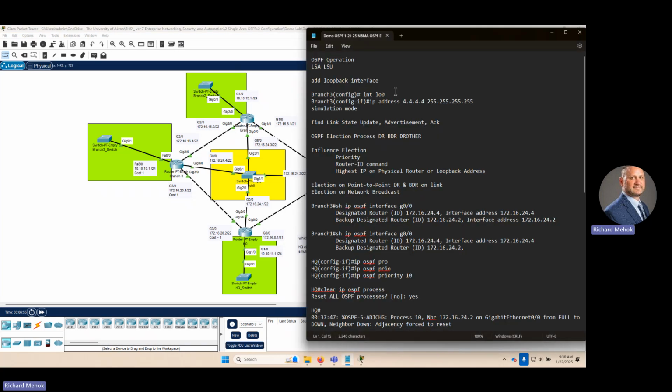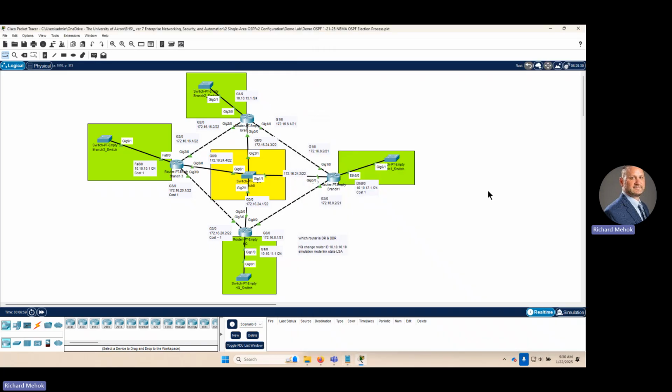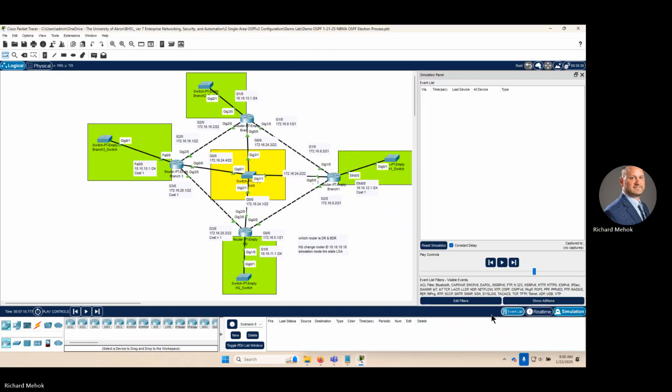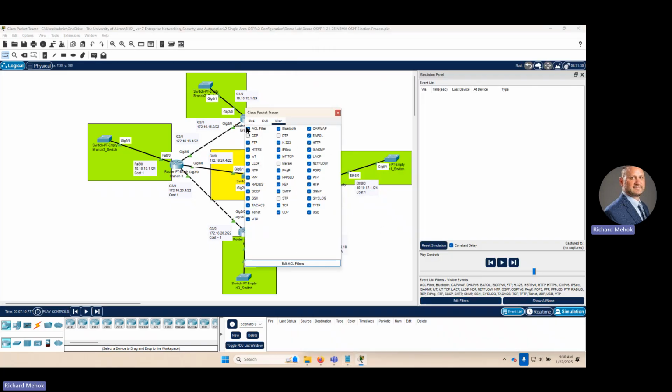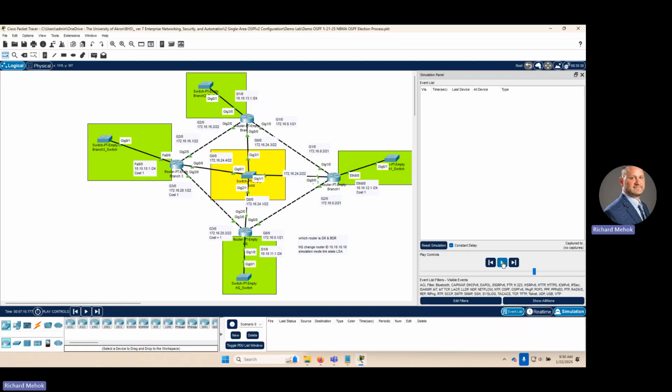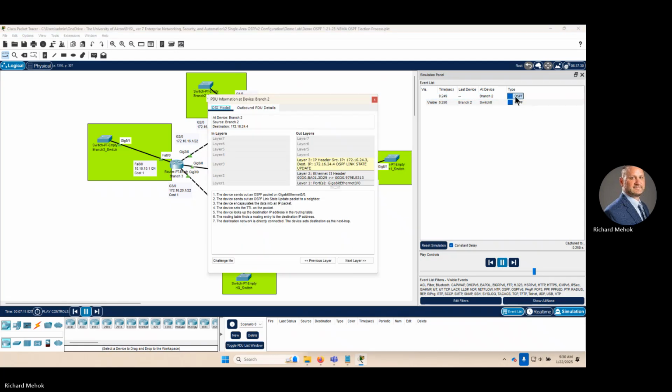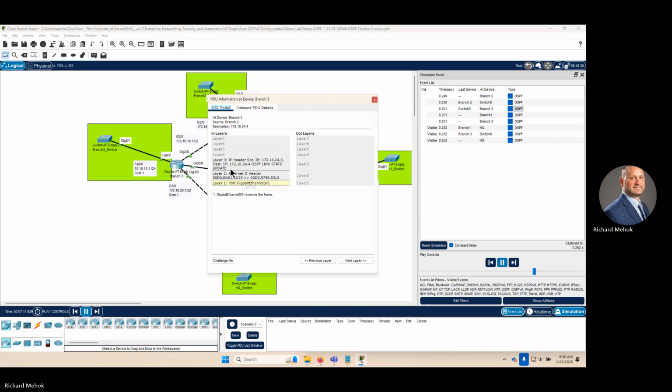Let's start with, let's see the advertisements already. So let's go to simulation. Remember, I want to edit out my CDP, DDP, and STP. So if we just let it run, we see an update coming, another update.